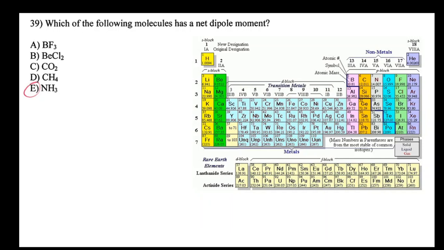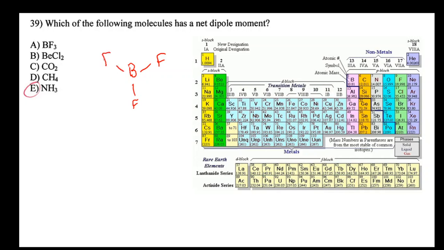Which of the following molecules has a net dipole moment? This is essentially going to be looking at the 3D geometry of the molecule. Looking at this first one here, boron would be in the middle, flanked by 3 fluorine atoms.